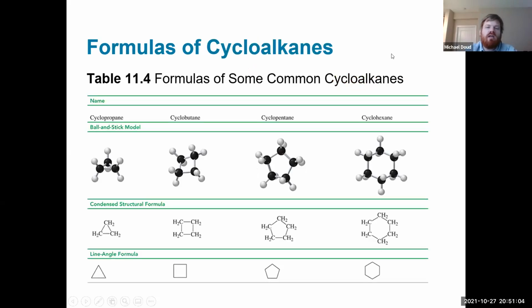Okay, so starting at carbon 3, you can have more cyclic alkanes above that, but the most common ones are going to be basically 5 and 6, so cyclopentane and cyclohexane. So cyclopropane exists, cyclobutane exists, cyclopentane is very common, and cyclohexane is very common. So now note, each of these, the line angle formula is just a geometric shape.